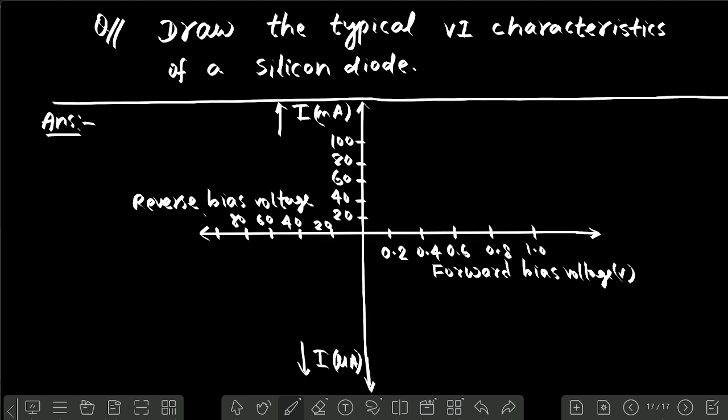Next, the reverse saturation current, reverse current in microampere: 10 microampere, then 20 microampere, then 30 microampere. Forward current is in milliampere, that's why milliampere is given here. Reverse current is in microampere, that's why microampere is given.